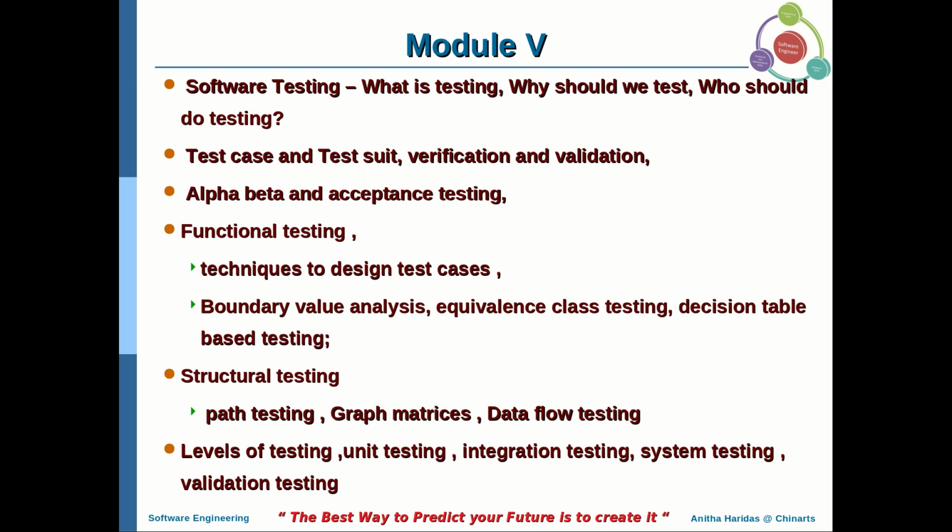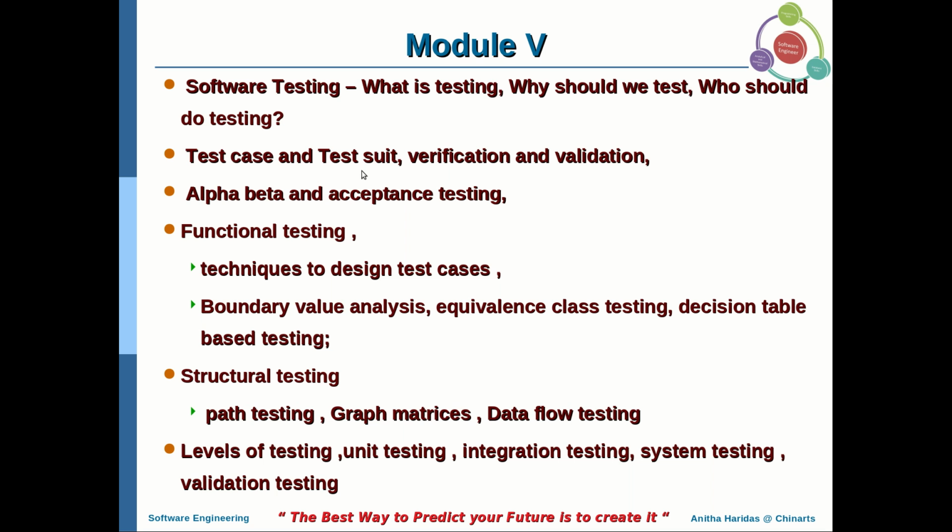If this is the case, we are going to discuss in the 5th module what we mean by software testing, why we need to test the software, and who is responsible for doing the testing process. Also, we will talk about the different test cases and what we mean by a test suite.